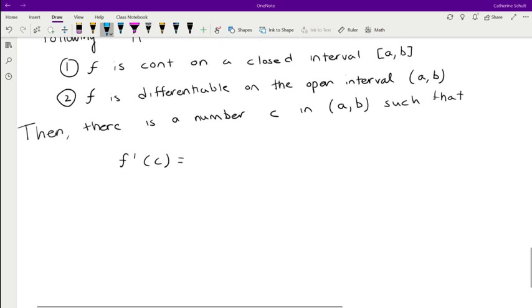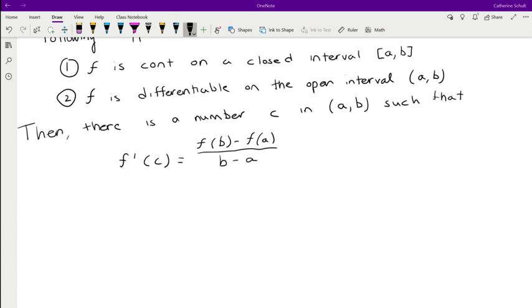Instead of M, we're going to say that f prime of C is equal to f of B minus f of A from those endpoints of the open and closed interval, and then B minus A. Okay?